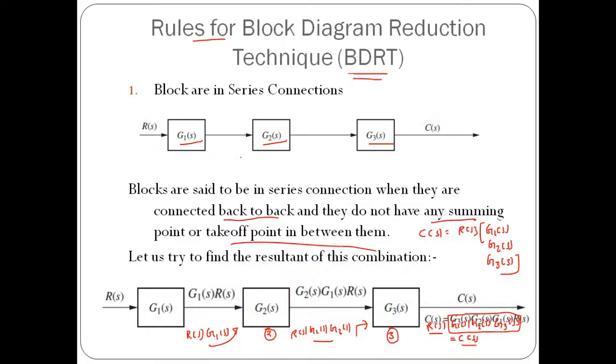The overall output of the system is simply the product of the gains of the individual blocks. If we have two or more blocks connected in series configuration, the equivalent gain is the product of the gains of the individual blocks.